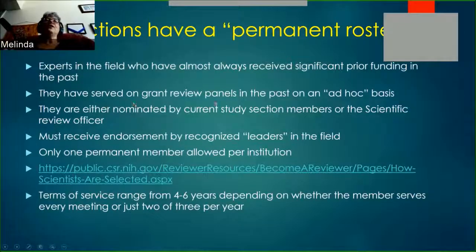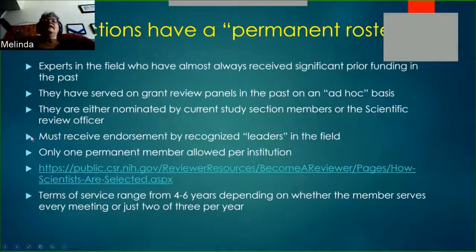They've served on grant review panels in the past on an ad hoc basis, so they have shown that they are willing to take peer review seriously, and they're able to produce high quality reviews. To get onto a study section as a permanent member, they are either nominated by current study section members or the scientific review officer.